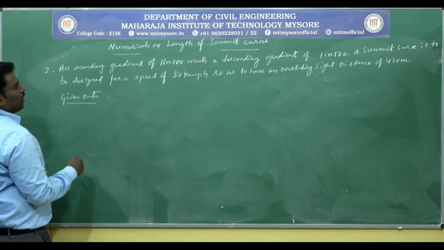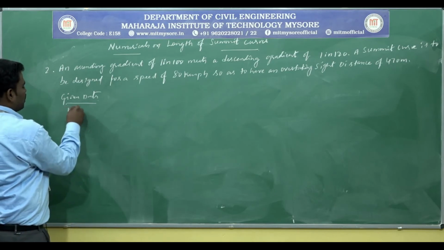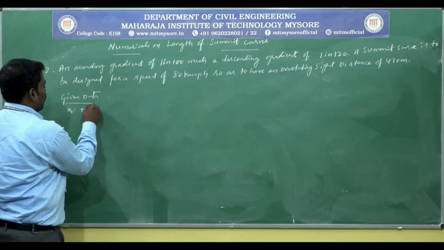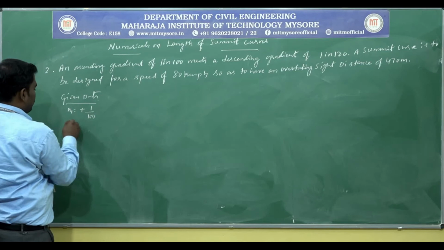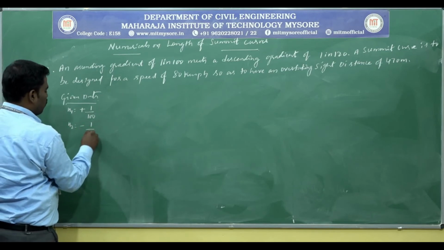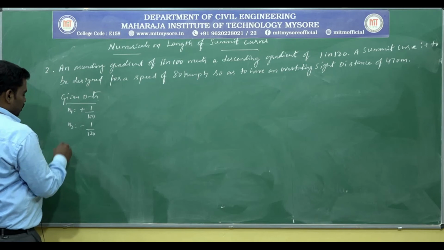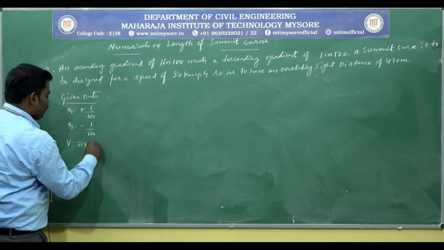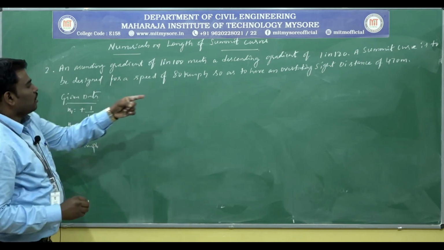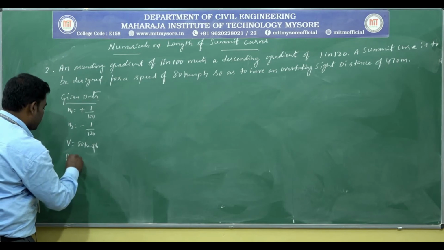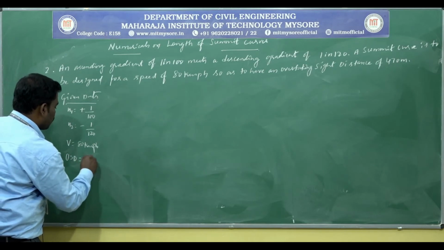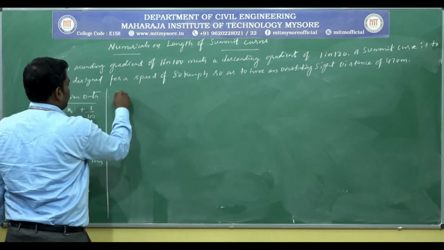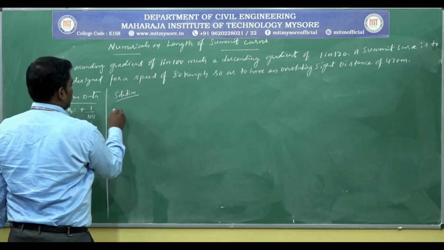An ascending gradient, meaning N1 is equal to plus 1 by 100. N2 is equal to minus 1 by 120. And V is equal to 80 km per hour, and the overtaking sight distance OSD is equal to 470 meter. Okay, go for the solution.